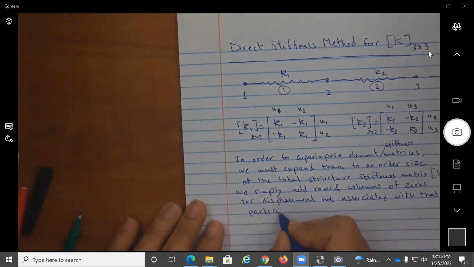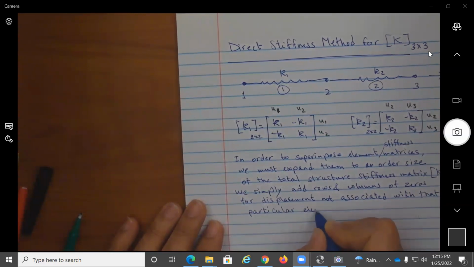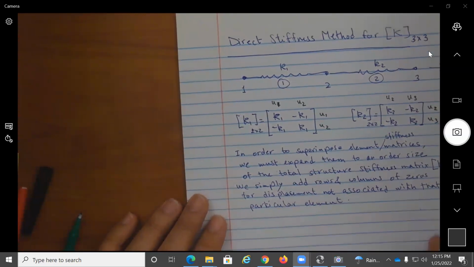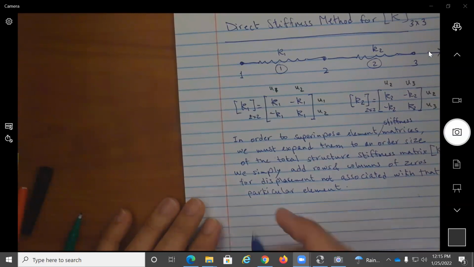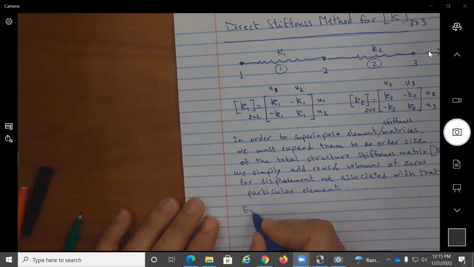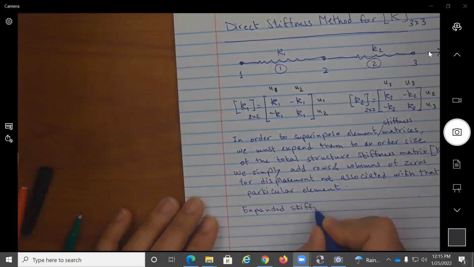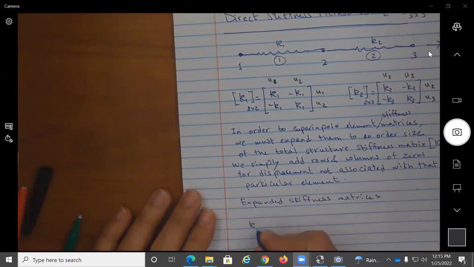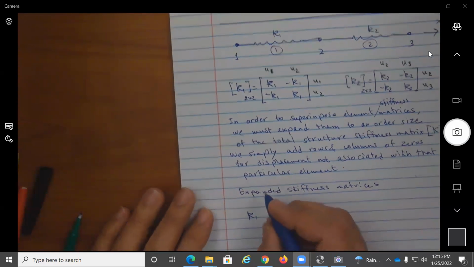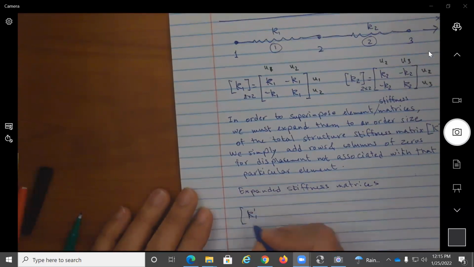And I'm going to demonstrate here. So my expanded stiffness matrices are going to become K1, and we can call them prime for expanded.